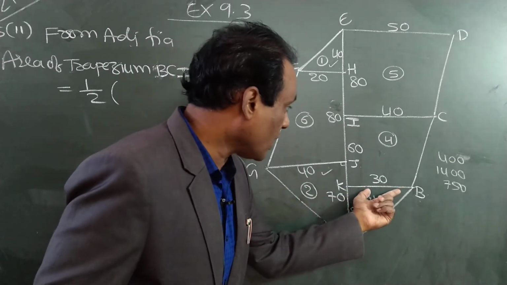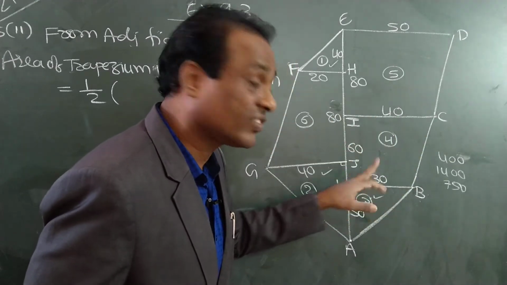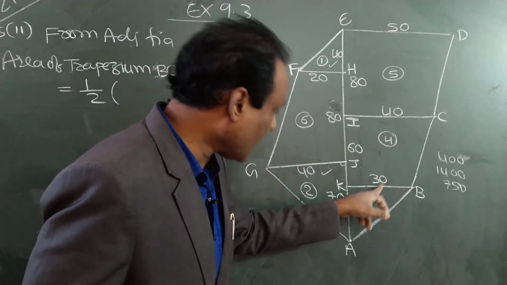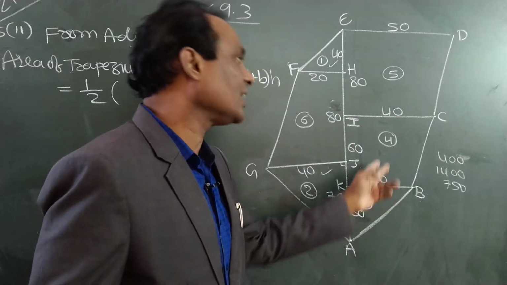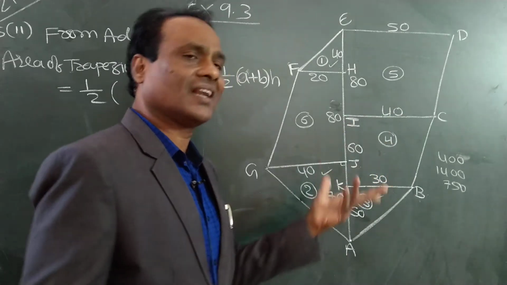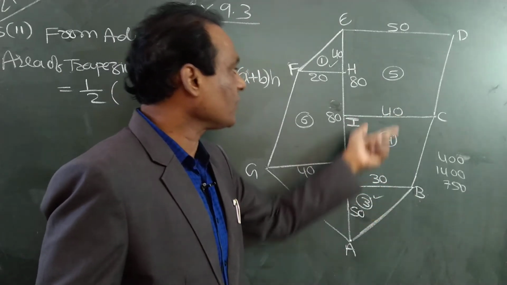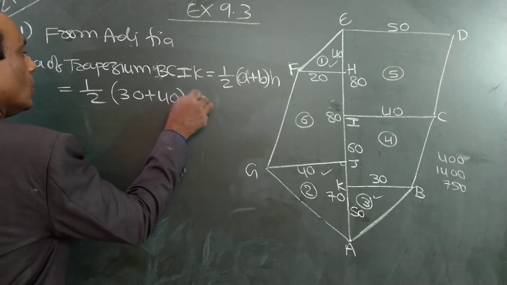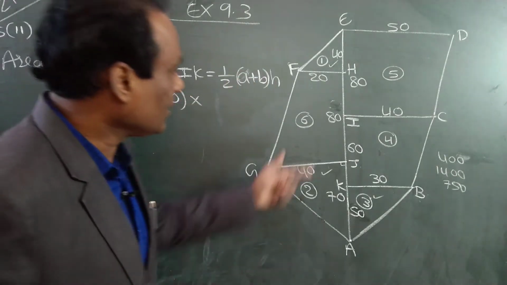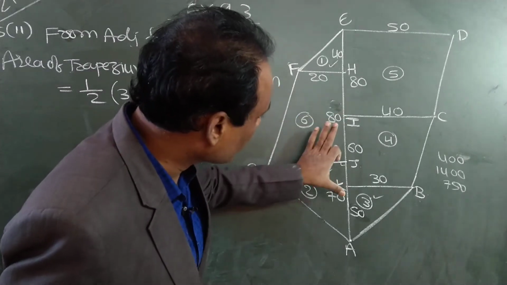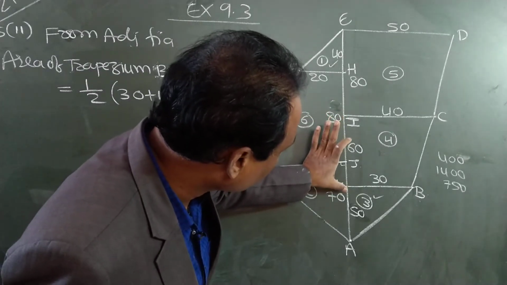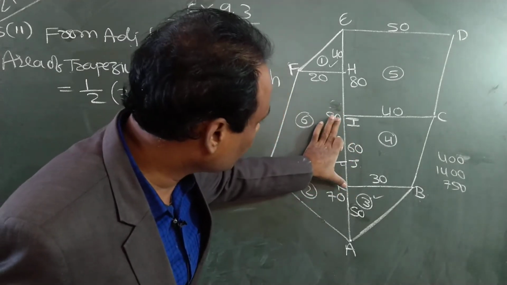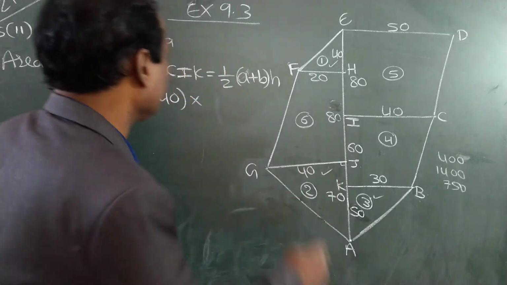Height is the distance between the parallel sides, from K to I, which is 60.